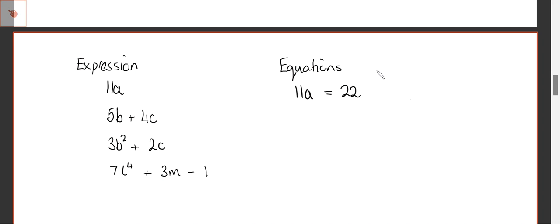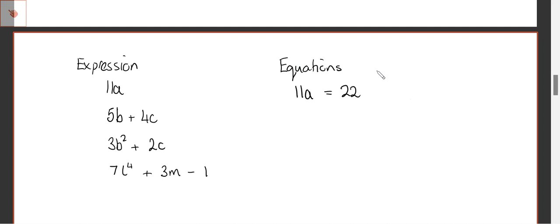So that's the difference between an equation and an expression. An equation is an expression that has a value. And what you immediately did was, with the equation with a value, work out what a is. Why can't I tell you what a is in the expression? We don't know what it is. 11a is simply an expression. A could be anything. But if I turn my expression into an equation by giving it a value, now we can work out what a is.